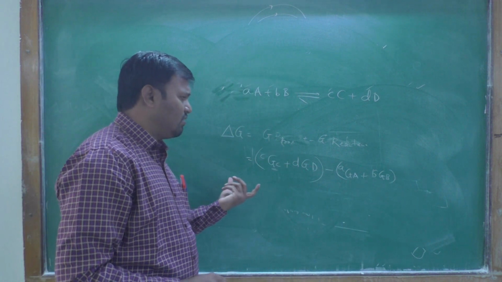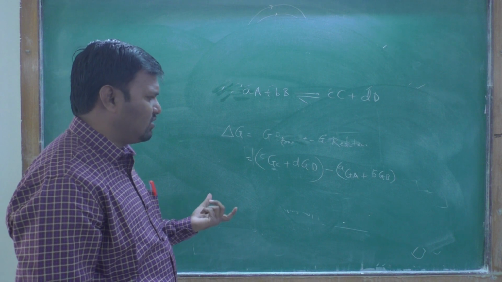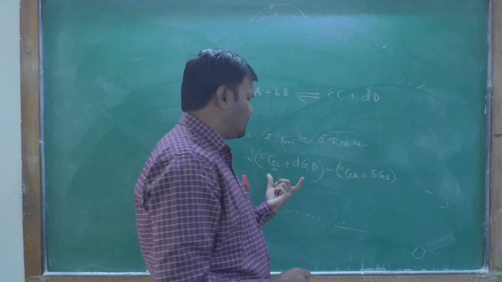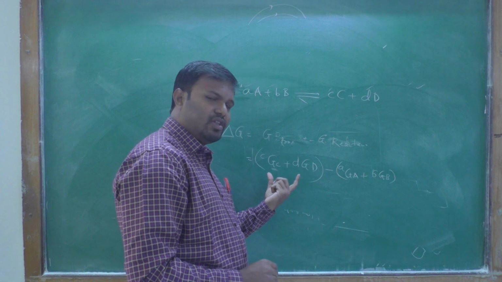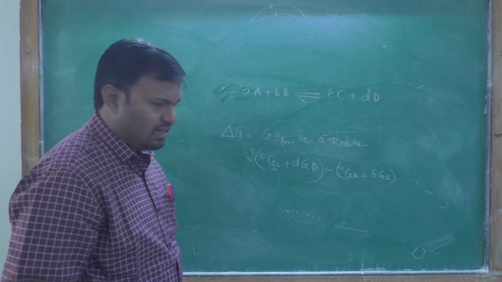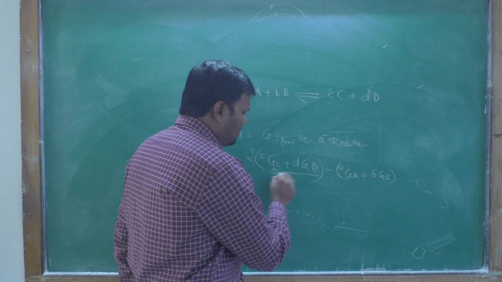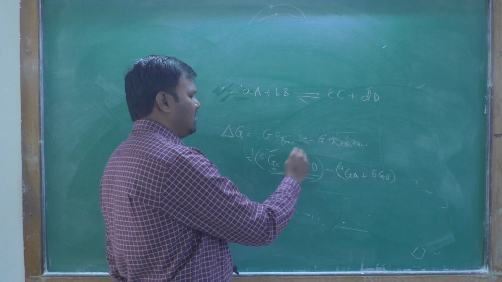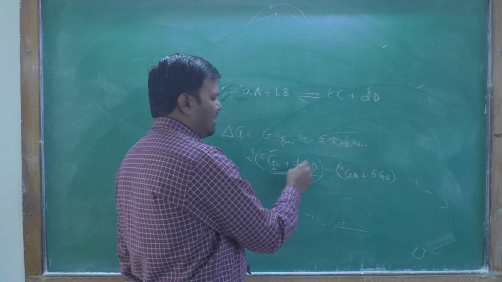Therefore we can find out for any reaction the change in Gibbs free energy by subtracting the Gibbs free energy of the reactants from the Gibbs free energy of the products. You can simply take the summation of the Gibbs free energy of each product, then the summation for the reactants.